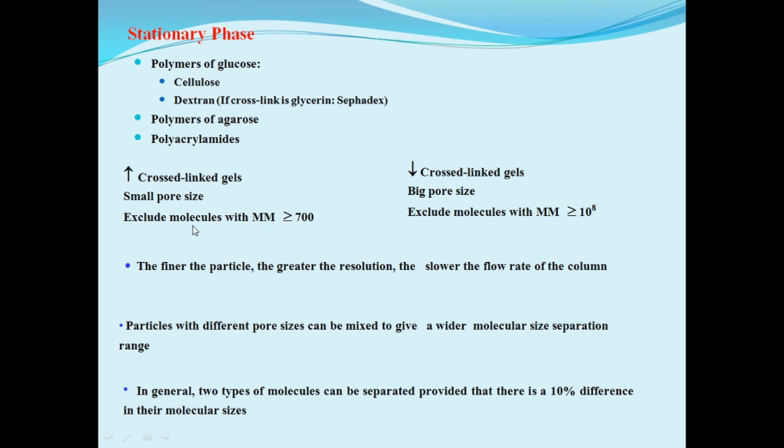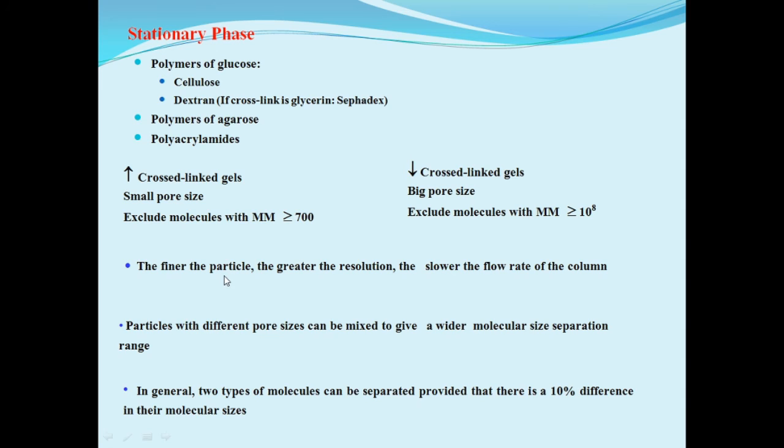Cross-linked gels with small pore size exclude molecules with molecular weight greater than or equal to 700. Cross-linked gels with big pore size exclude molecules with molecular mass greater than or equal to 10 raised to 8.